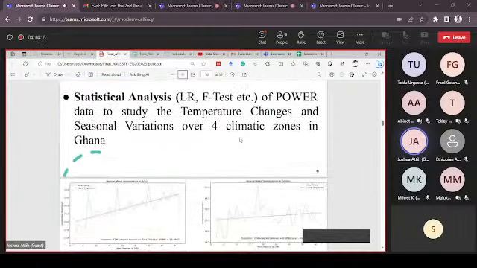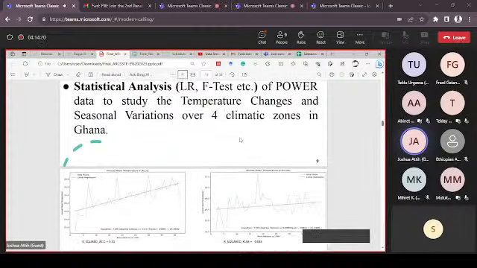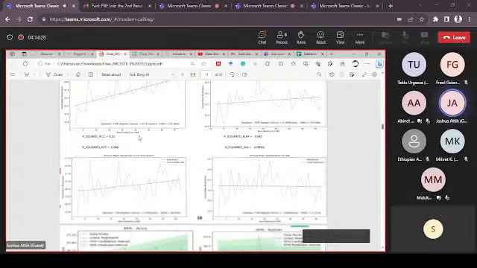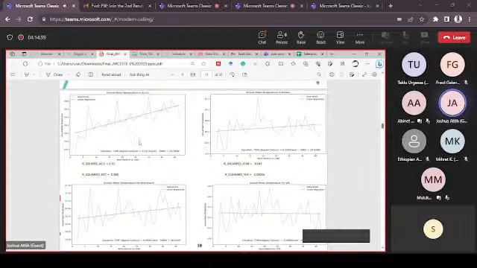For the first objective, which is to study the statistics, we did a linear regression trend for the first city, Accra, and realized that temperatures were rising at 0.0175 per year with a root mean square error of 0.5 degrees. That is, the linear regression model explains 53% of the dependence of annual temperature on the years.